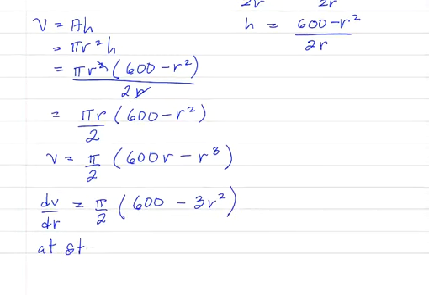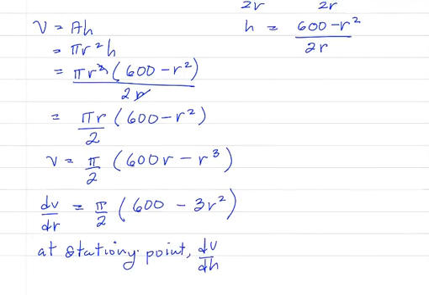Now, at the stationary point, where you have a maximum or minimum, dV by dr would be equal to 0.